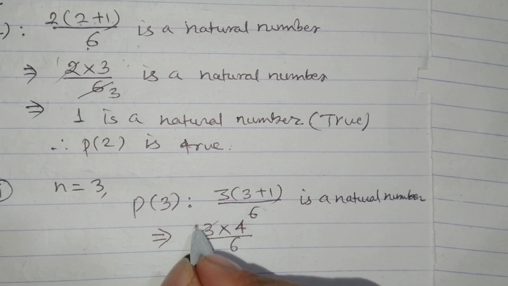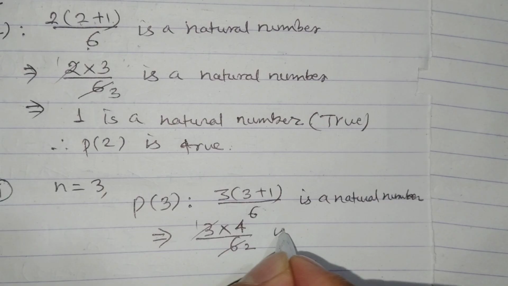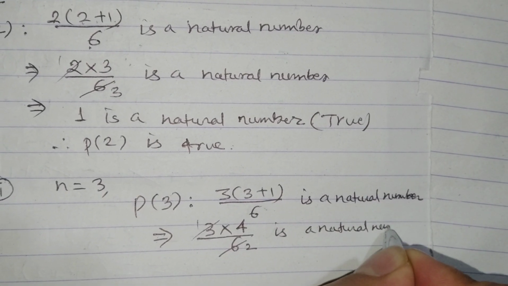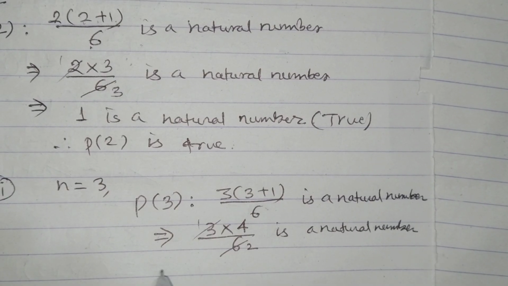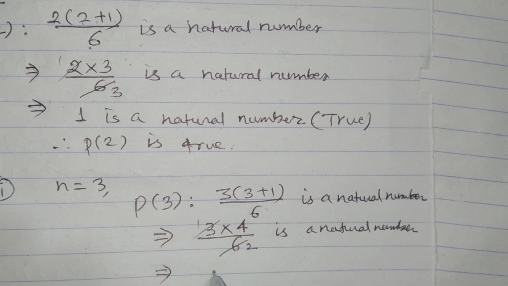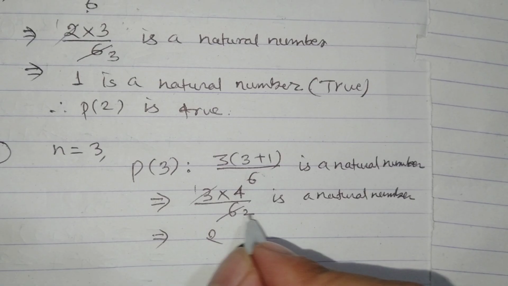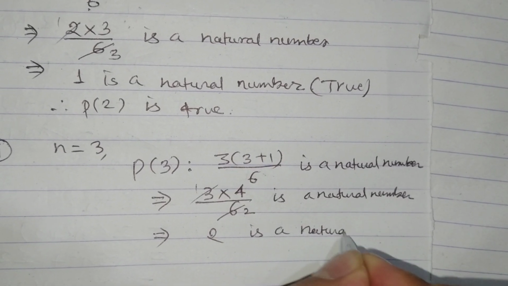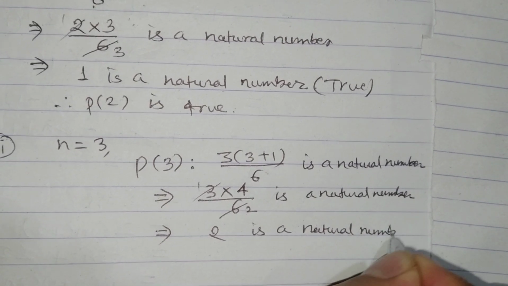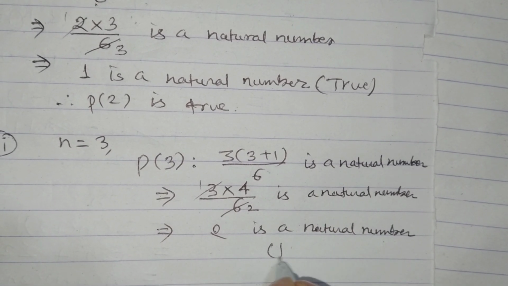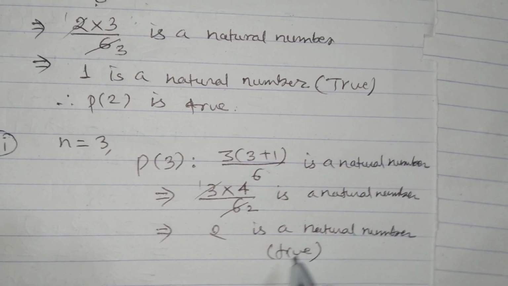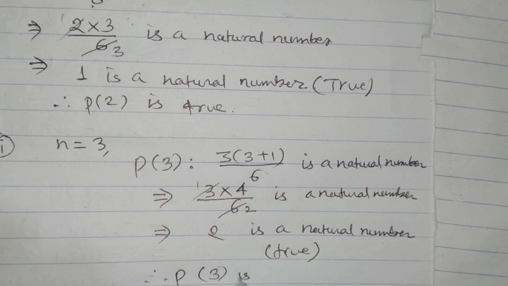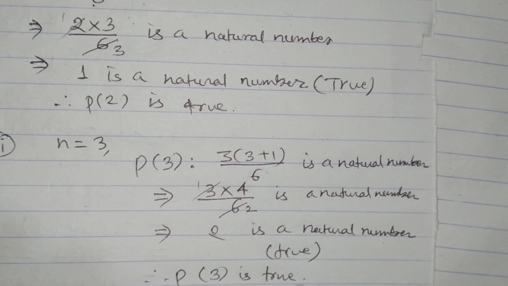So 3 ones are 3, 3 twos are 6 is a natural number. So this means 2 into 4, so our result is 2, which is a natural number. So again this statement is true because 2 is a natural number. So we can write this P3 is true.